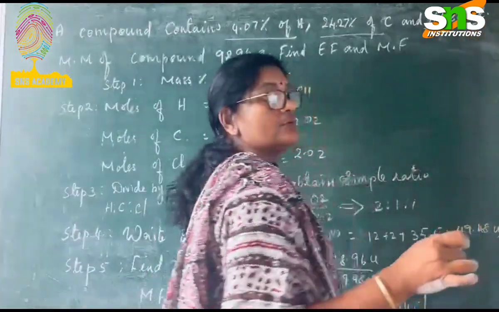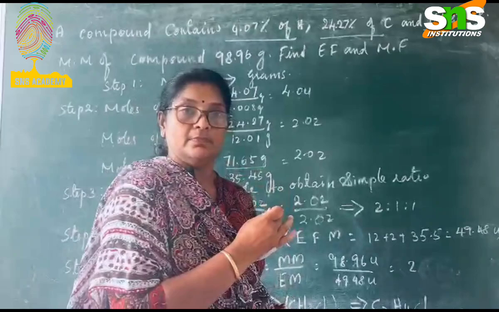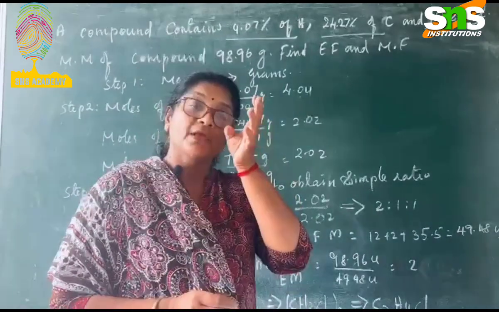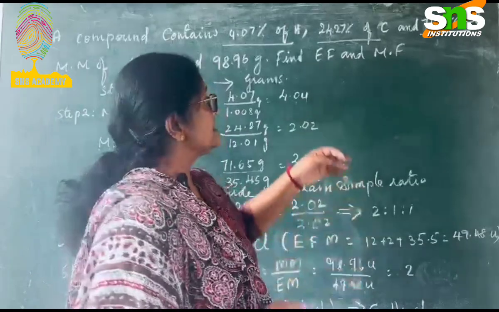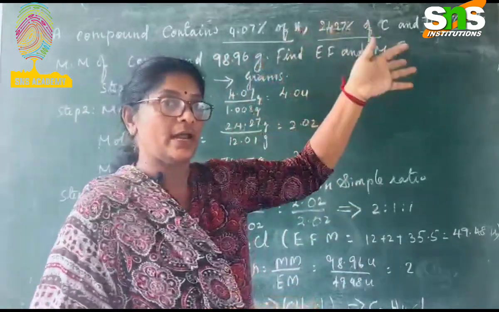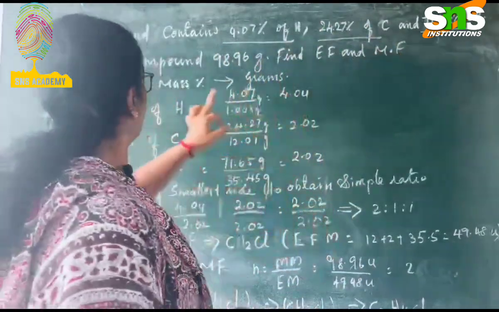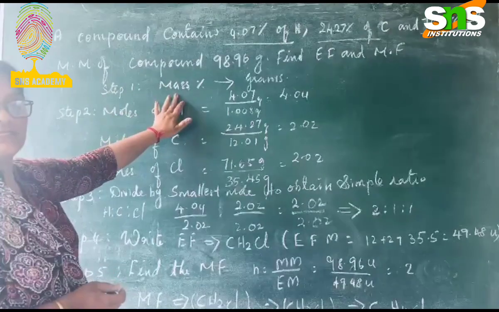So it is very easy to convert, as percentage mass is given, where we consider the entire mass of the compound as 100 gram. So it is easy for us to convert this percentage into gram. So that is our first step. You're going to convert the mass percentage into gram.